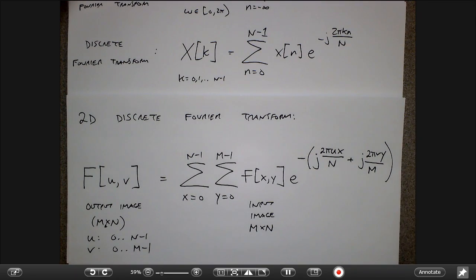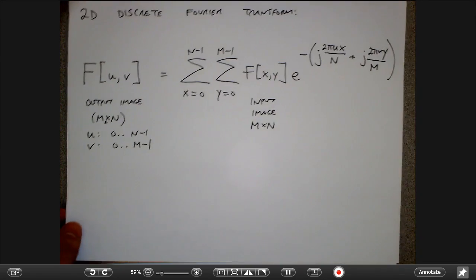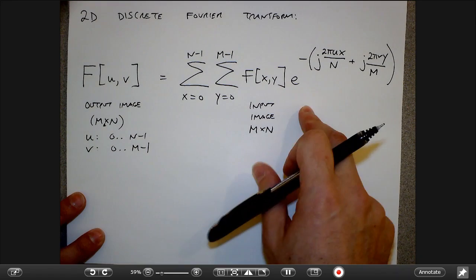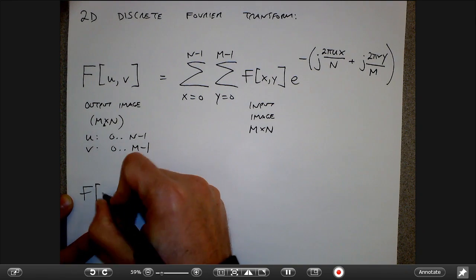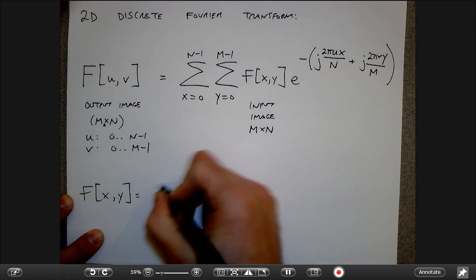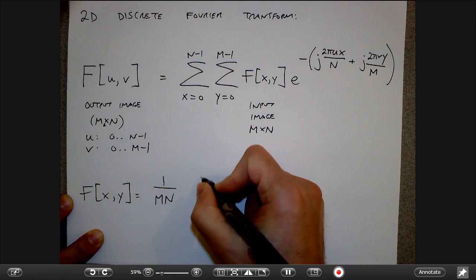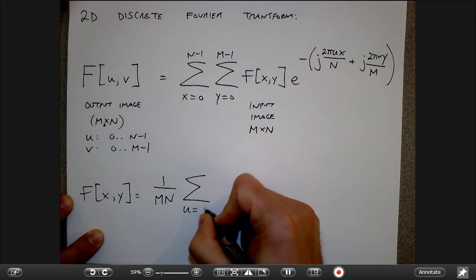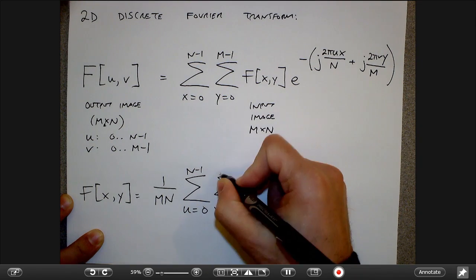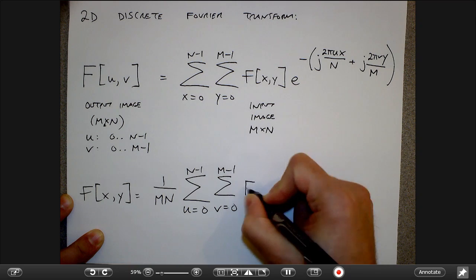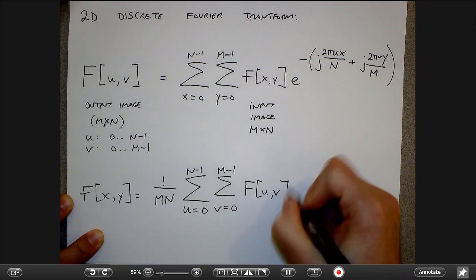Okay? And just in the same way that there's a Fourier transform, there's also an inverse transform, which I'm going to write down just very simply. It looks almost exactly the same, except now we're going to sum over the u's and the v's, and we're going to sum over the values of the 2D DFT.